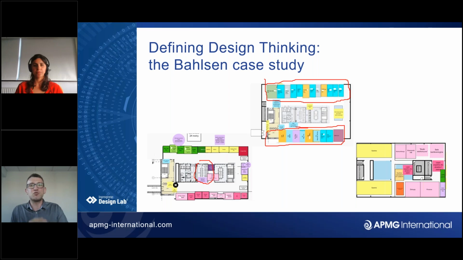The building which they will build will be a great place supporting business processes and people's needs. It will be a much better place to work than in the scenario when design thinking wouldn't be conducted.